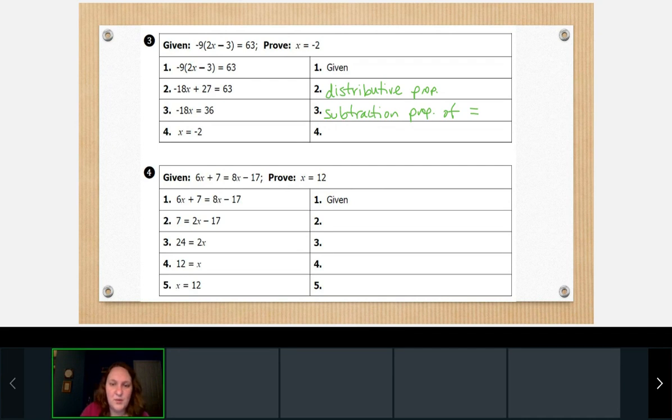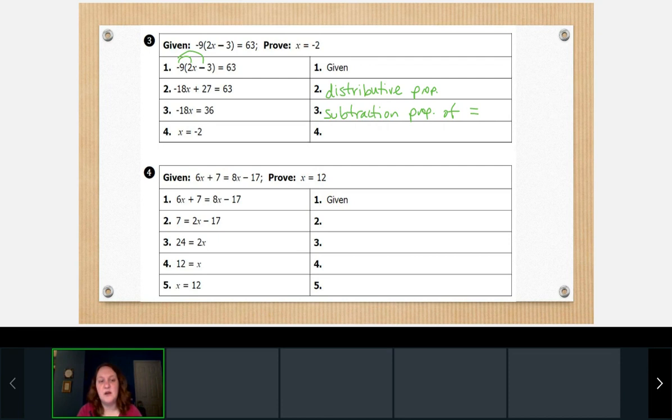Okay, why didn't I put property of equality up here in step 2? Well, the reason I did not put the property of equality up here in step 2 is because I distributed that 9, but I didn't do something to both sides of the equal sign. That distributive property only worked with what was on the left side.